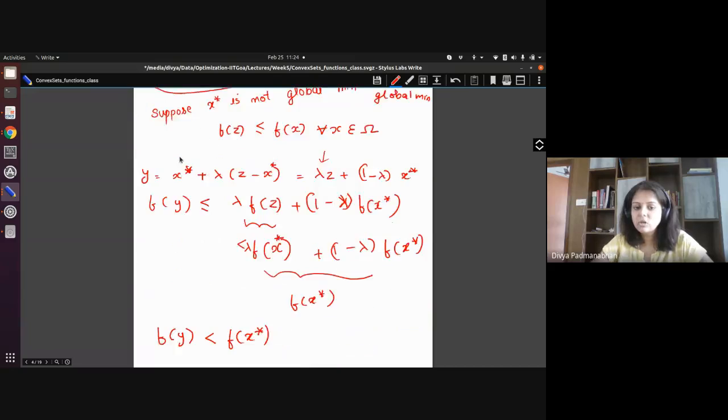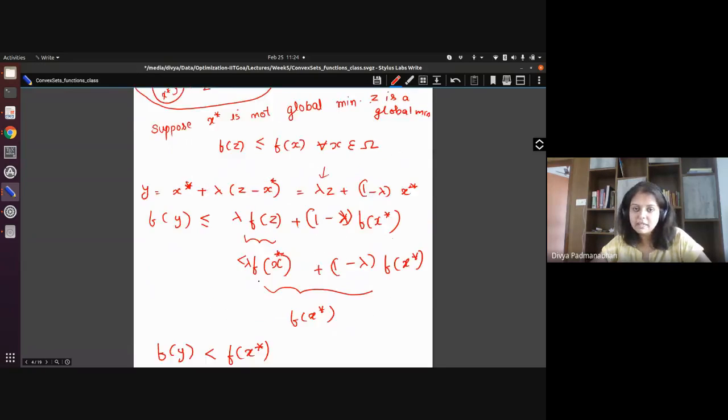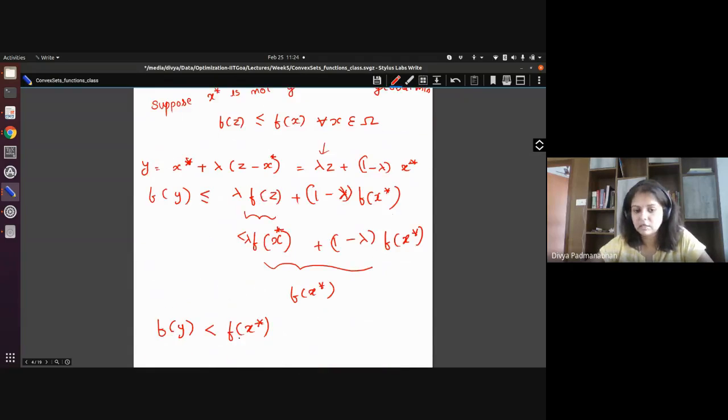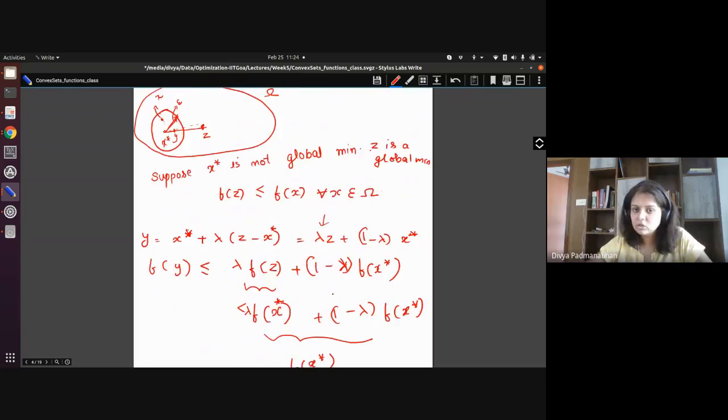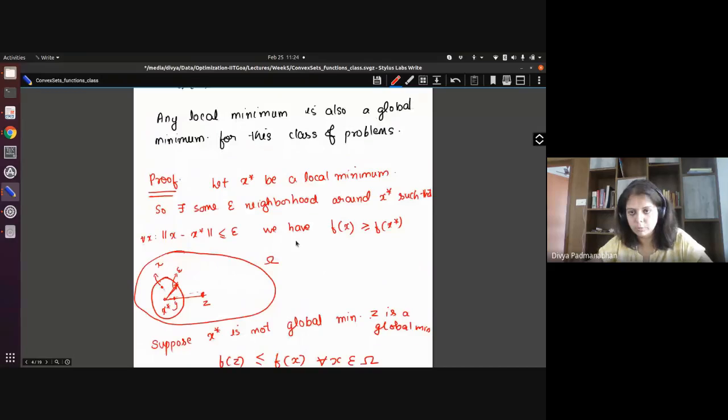Then f of y is less than f of x star, but that cannot be the case because x star was a local minimum, and within this epsilon neighborhood any point you take has value greater than f of x star. Here you have a contradiction. That's why for these kinds of functions, every local min is also a global min.